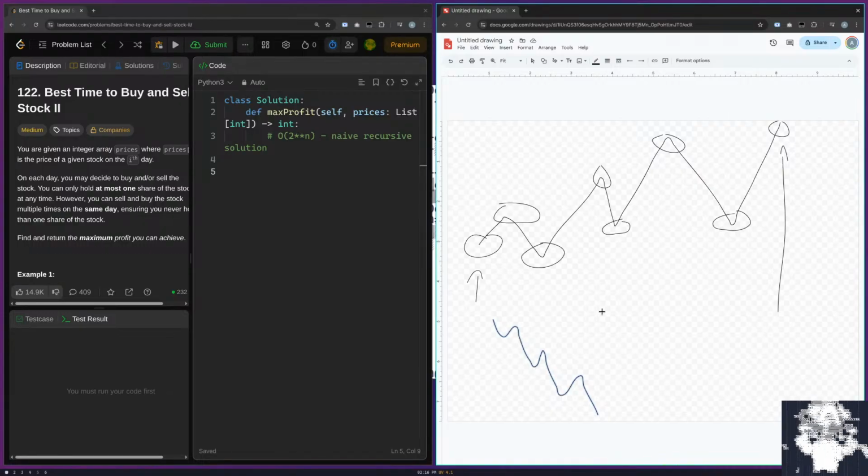Okay, so I think it's like every time I'm holding and the price is about to go down, I sell. Every time I am not holding and the price is about to go up, I buy.